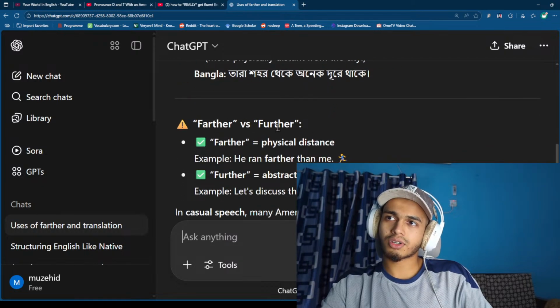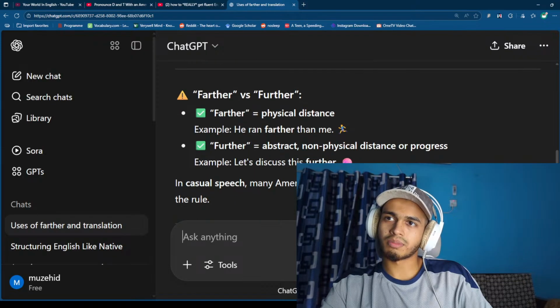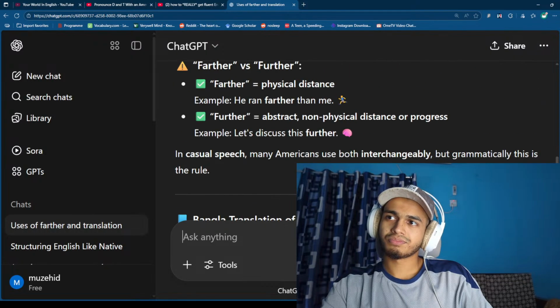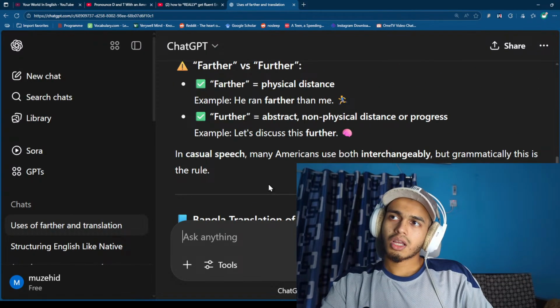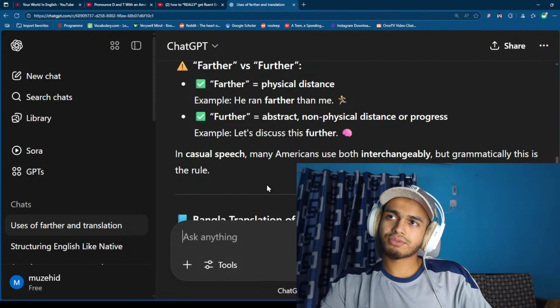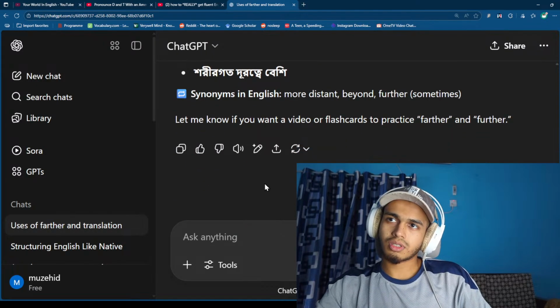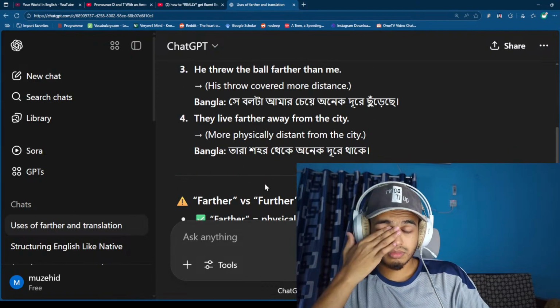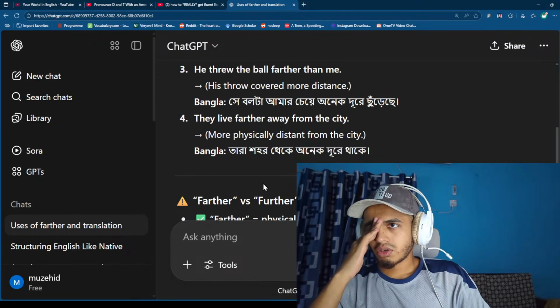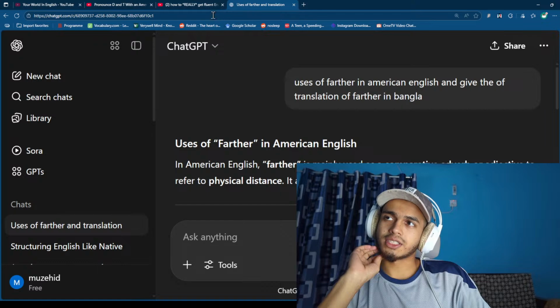Farther or further. Farther equals physical distance, and further is abstract, non-physical distance or progress. Example: let's focus on this further. I mean, brainy things, mindset things. He ran farther than me. Synonyms. Farther, it's all about distance.